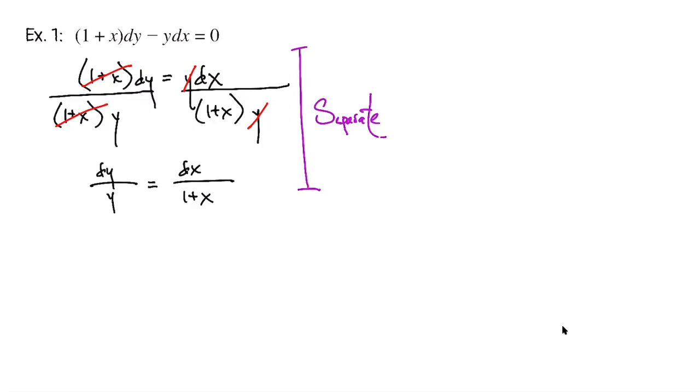That's how we get rid of our dy's and our dx's. And so I'm going to write this as the integral of 1 over y dy. That's really what it's saying. And similarly, on the right-hand side, I'm going to write that as the integral of 1 over 1 plus x dx.